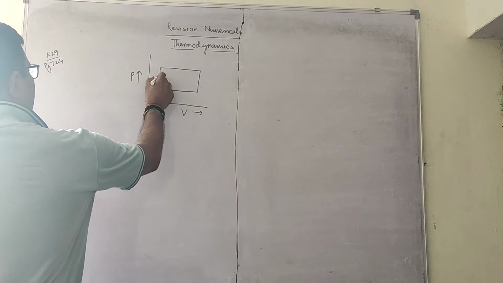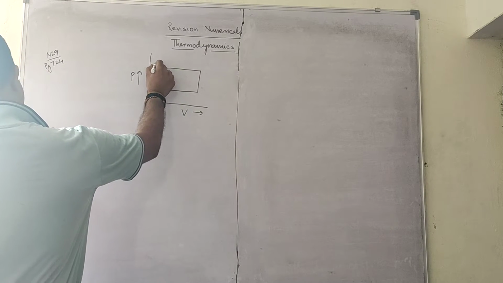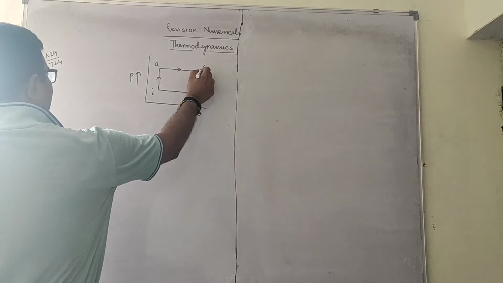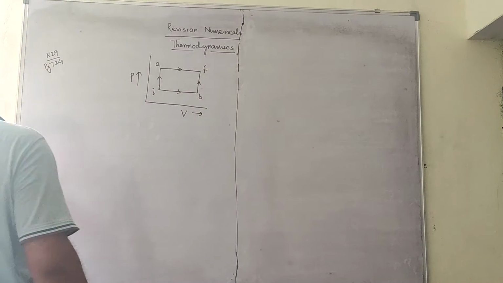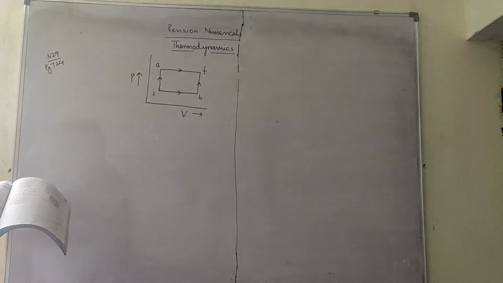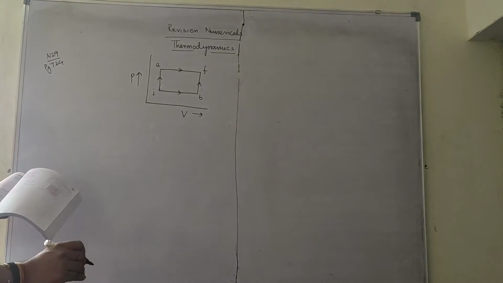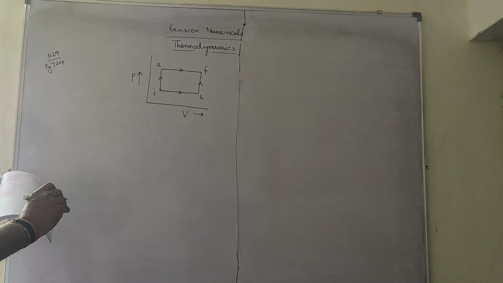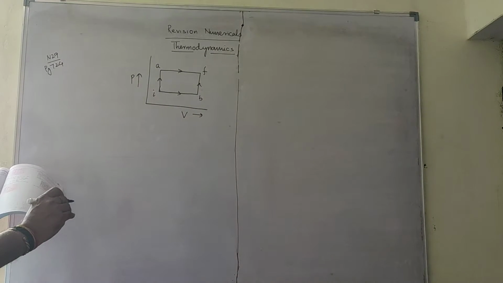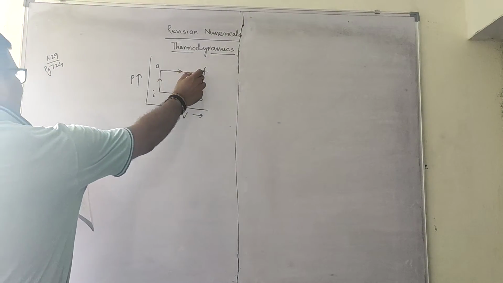This is I, initial, A, and this is final. This is B, and this is the path. So initial to final via two different paths. This is figure number 21.25. It is given: the initial and final state of a gas are shown by I and F. This is initial and this is final.